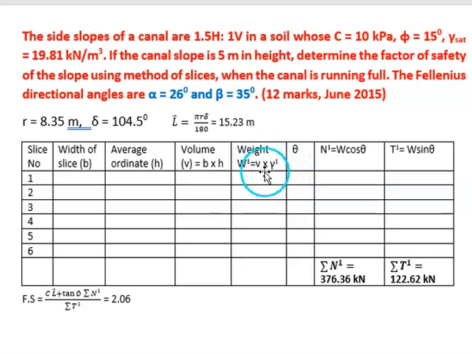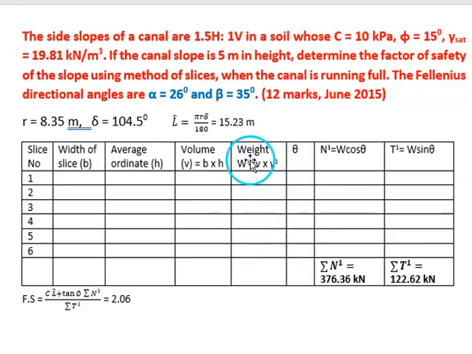But while calculating the weight, we should take the submerged unit weight. So saturated unit weight minus unit weight of water. So 19.81 minus 9.81. So we have to use the submerged unit weight of 10 kilonewton per meter cube in this equation, and then we have to estimate the weight of soil.